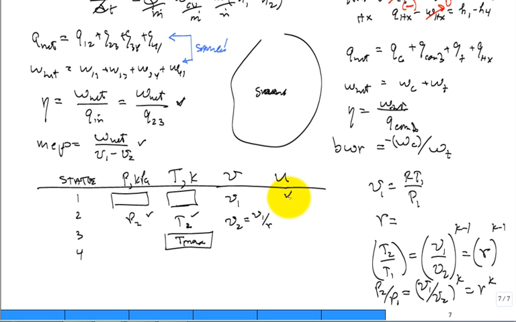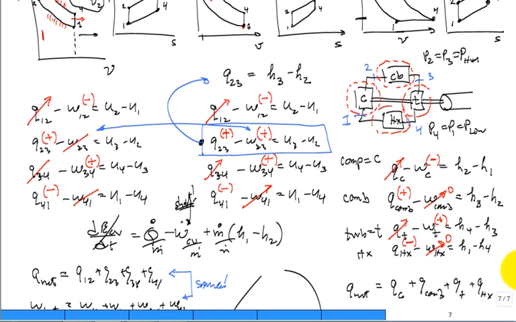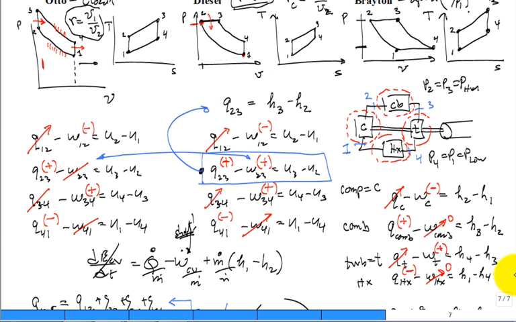But you want to get these U's as a function of temperature, then calculate the Q's and the W's, and away you go. How about the same thing for the Brayton cycle? Let me go ahead and pause and see if you have any questions for me.